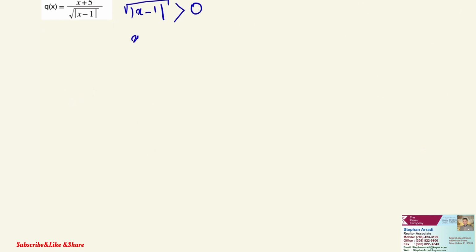However, we know that the absolute value is always greater than or equal to 0, doesn't matter which numbers. So the only restriction we have in this case is that this here shouldn't be equal to 0. Therefore, x minus 1 shouldn't be equal to 0. Therefore, x shouldn't be equal to 1.